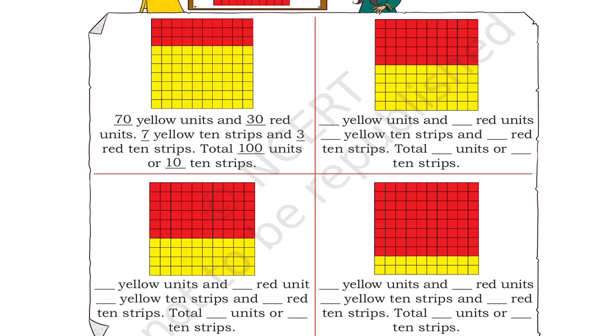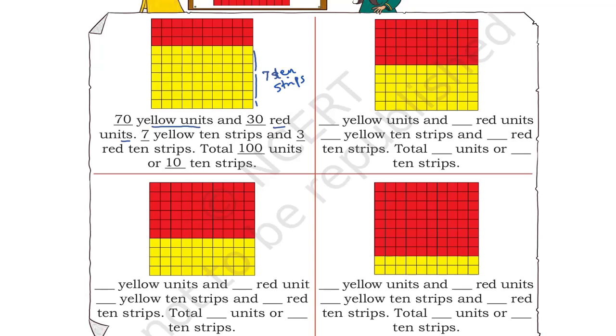It says 70 yellow units, okay, and 30 red units. Wonderful. How did we get this 70? Because these are 7 blocks or 7 strips. We say 1, 2, 3, 4, 5, 6 and 7, right? 7 10 strips.